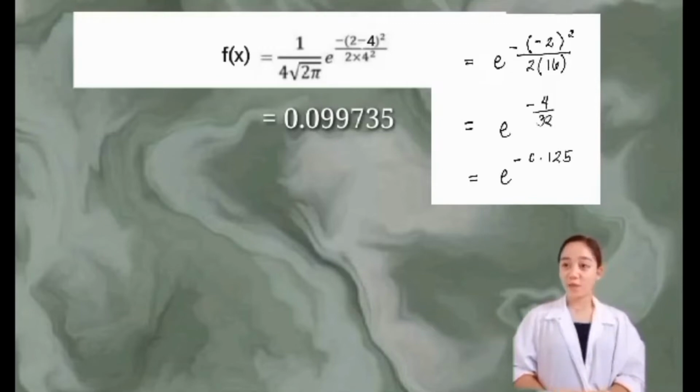And that would equal e raised to the power of negative 4 over 32. Then we convert it to decimal form. So that would equal e raised to the power of negative 0.125.